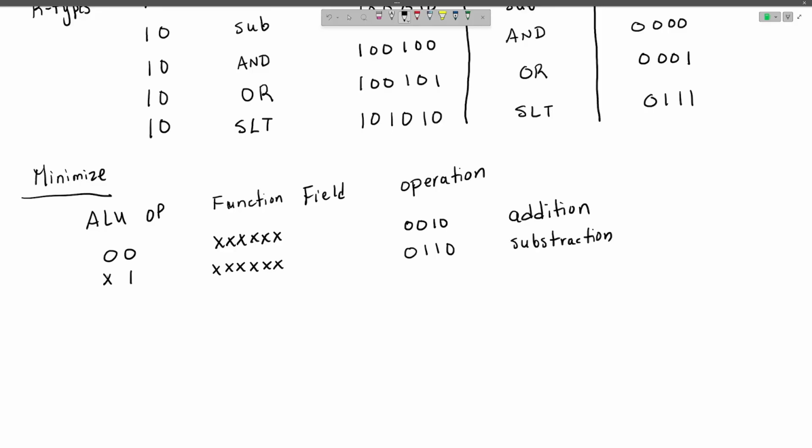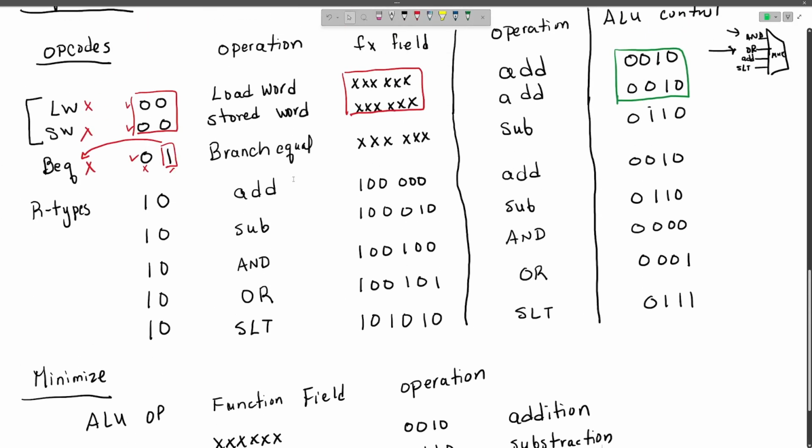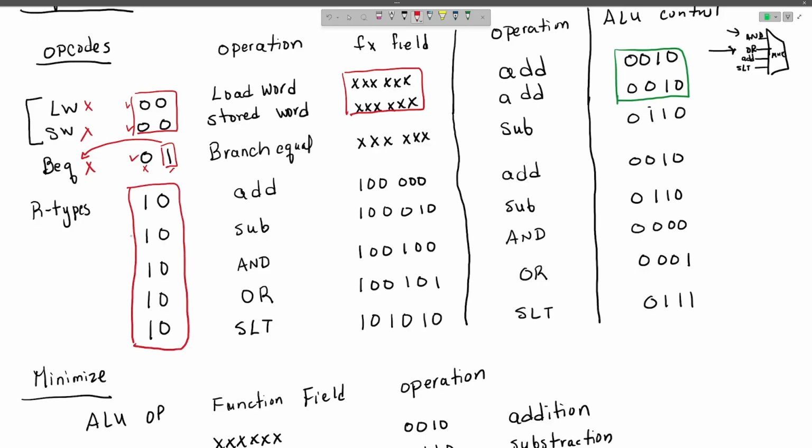Now, this is where things get interesting for the next instructions. If we get a 1 here, we know we're talking about the R type. And if you can see, no other has a 1. So because we have a 1 here, it's obvious that we have an R type. So we can translate that into 1x.